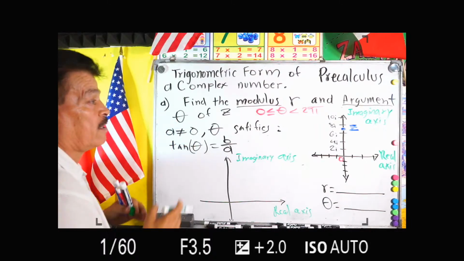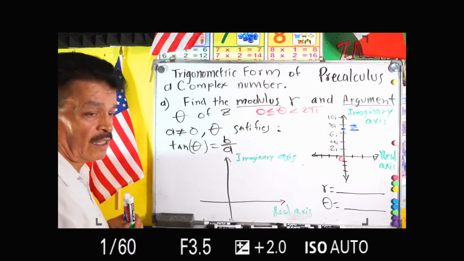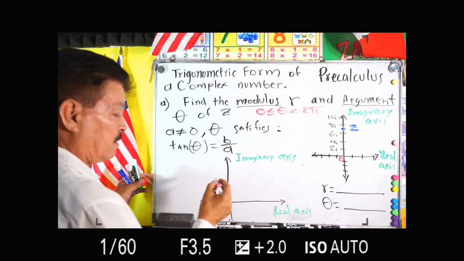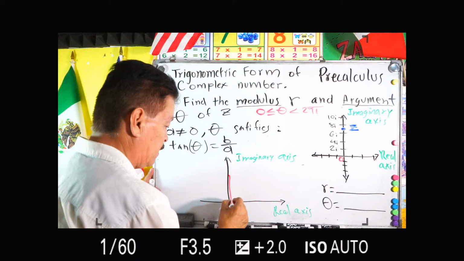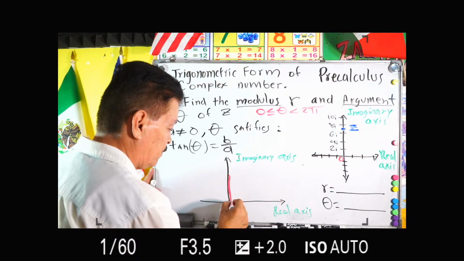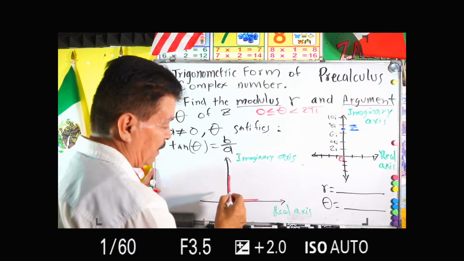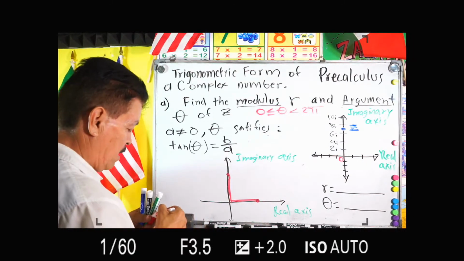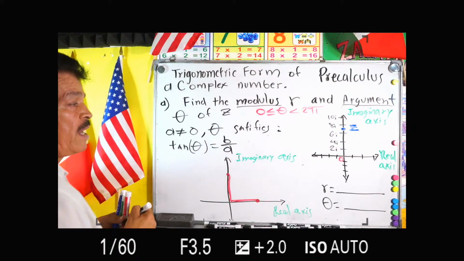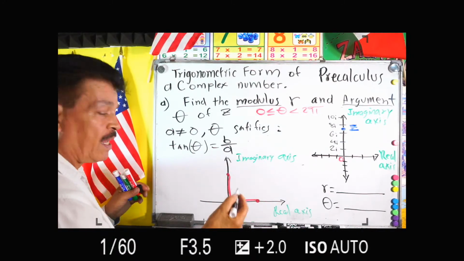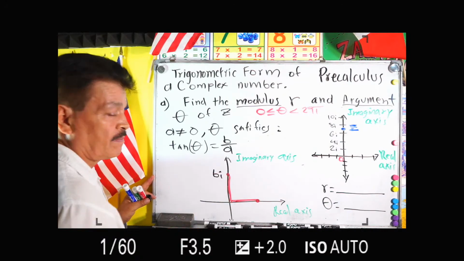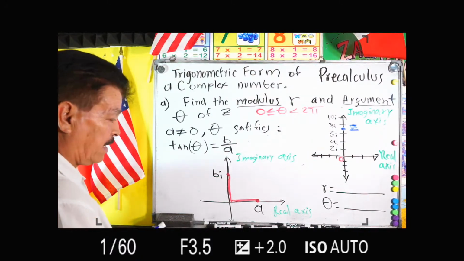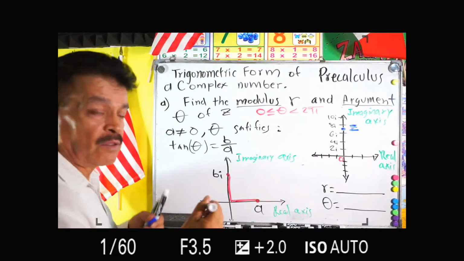Still we are in the concept; I have not solved my problem yet. I have this point here, bi, and this point is a, and then my graph is running in this way.